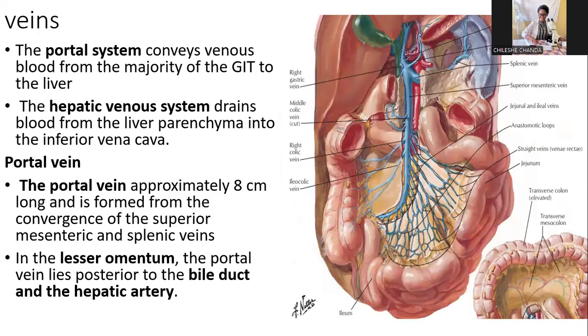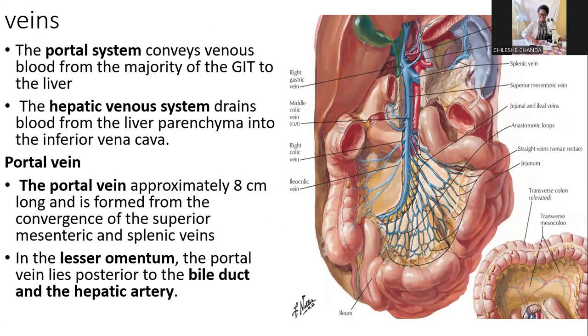Now, what is the venous drainage, or venous supply, of the liver? So we have the portal system. Yesterday we mentioned that the major portions of the intestines are drained by the portal system.